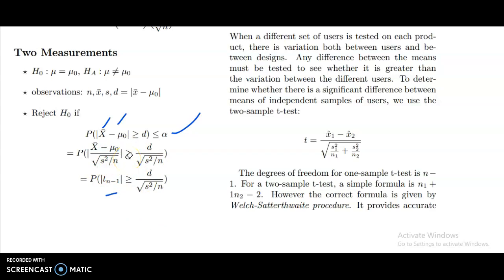This is the same. Here n minus 1 means one sample.